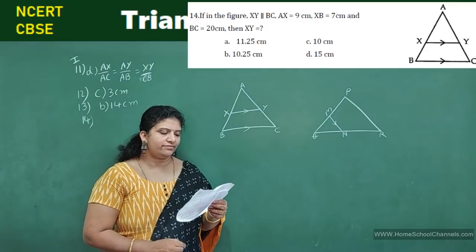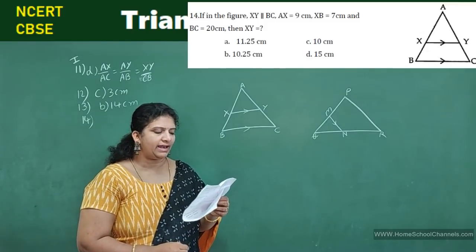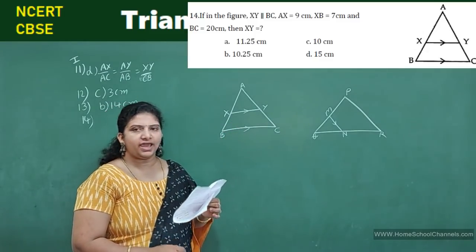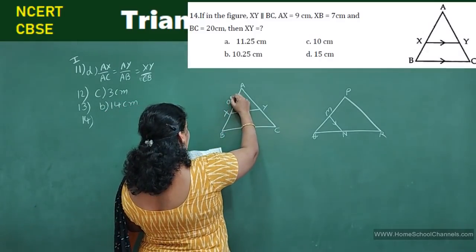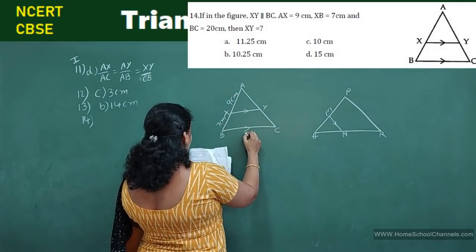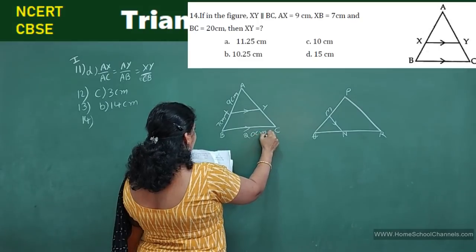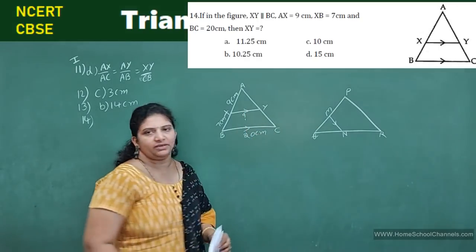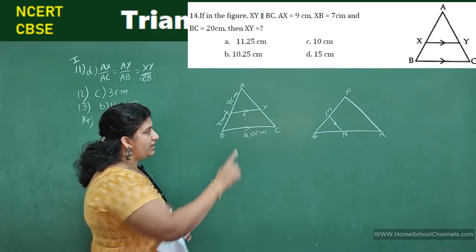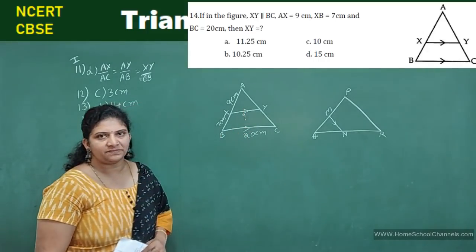14th one. In the figure, XY is parallel to BC, AX is equal to 9 centimeters, XB is equal to 7 centimeters and BC is equal to 20 centimeters. Then XY is your question, and they have said XY is parallel to BC.